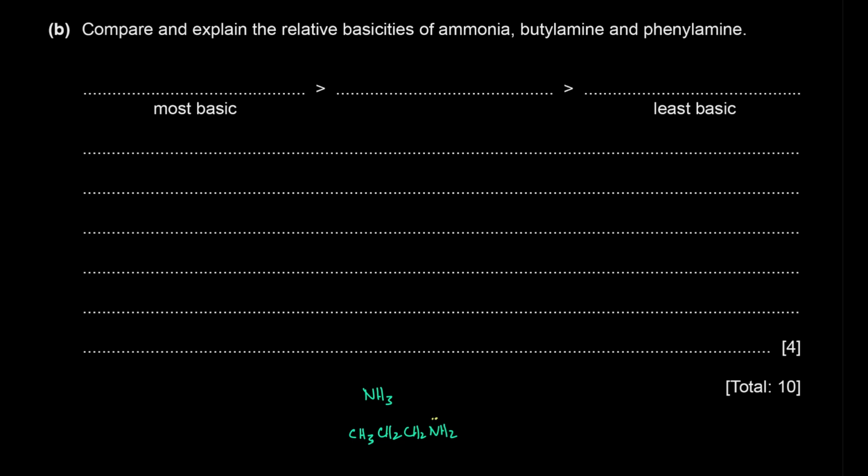And what about ammonia versus phenylamine? Which is more basic here, if you remember? Phenylamine is this one. In phenylamine, it's the opposite. The delocalization of the lone pair into the benzene ring means that these electrons are less likely to be donated and accept a proton.